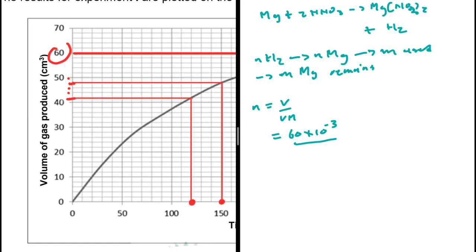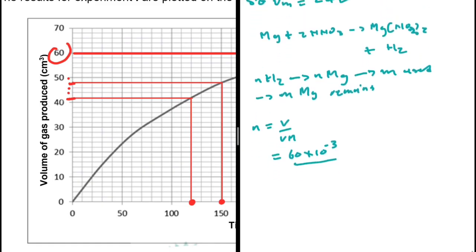And then the Vm is given to us as 24. So 60 times 10 to the minus 3 divided by 24 is 0.0025 moles. So this is the number of moles of the gas produced, hydrogen gas.